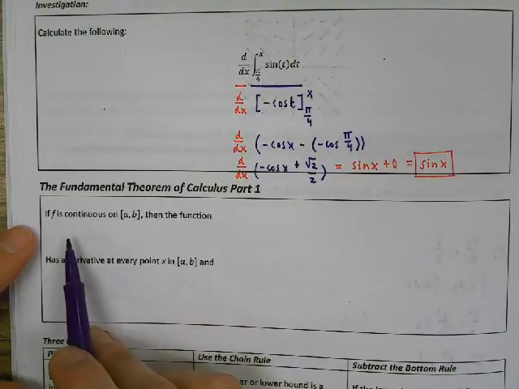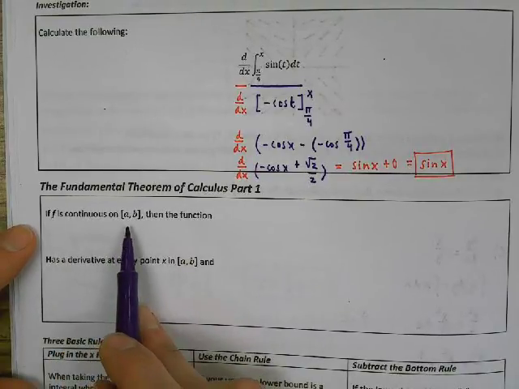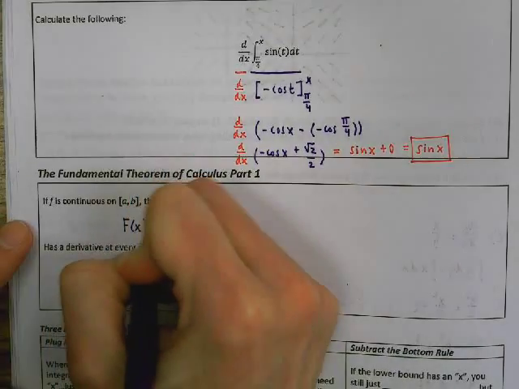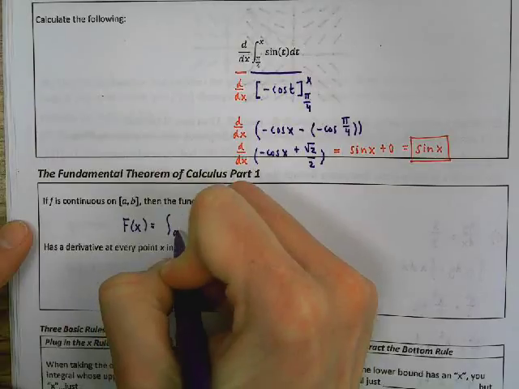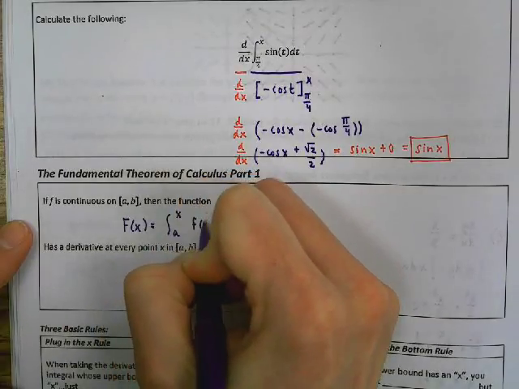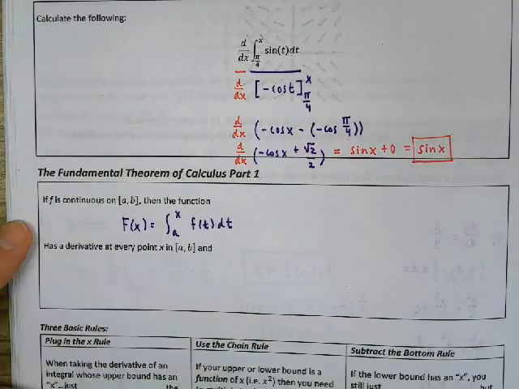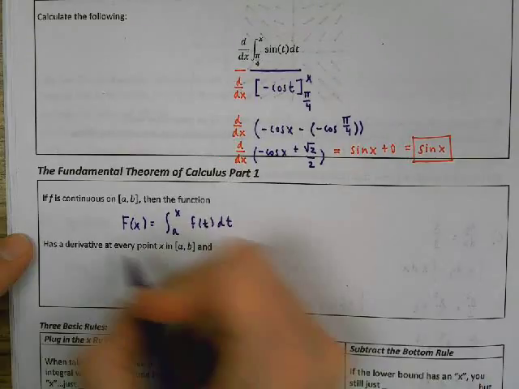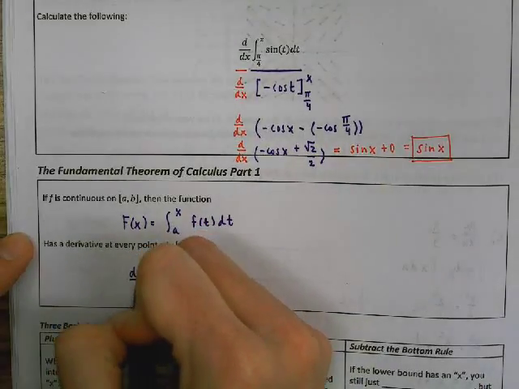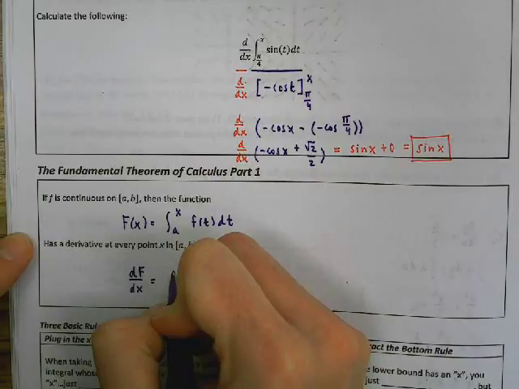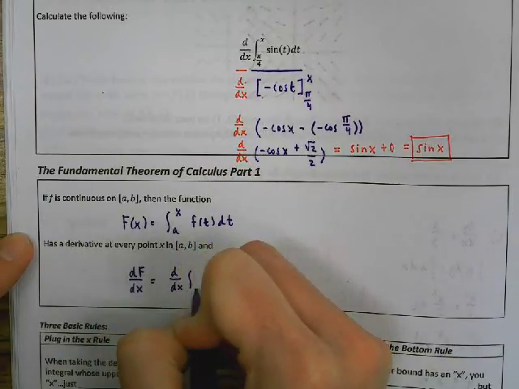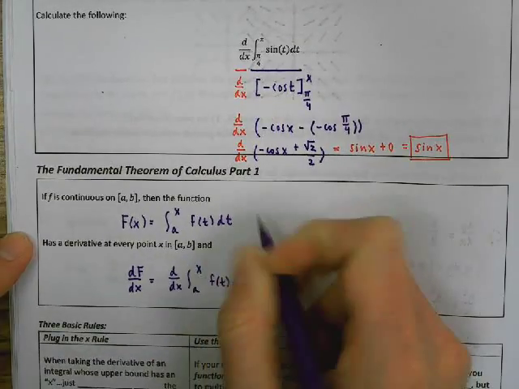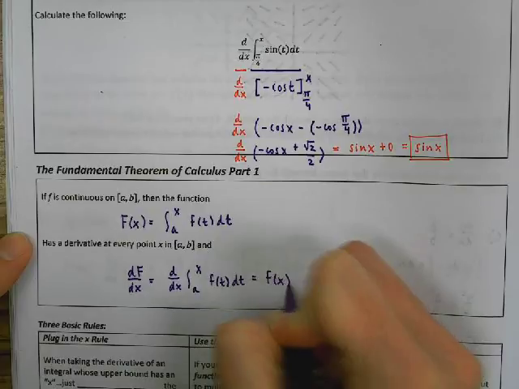Here's the idea. If a function f is continuous on the interval from a to b, then the function, we're going to call it capital F of x, equals the integral from a to x of f of t dt, has a derivative at every point x in (a, b), and that derivative, the derivative with respect to x of the integral from a to x of f of t dt, is just f of x.